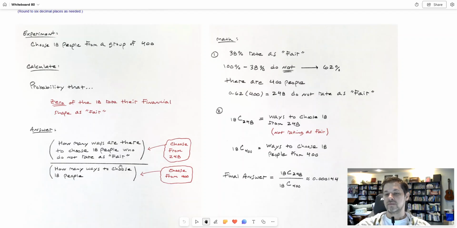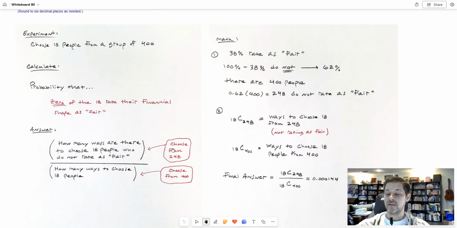Now, to be a little more specific, for choosing 18 people who do not rate as fair, we're choosing from 248. So maybe the whole group has 400 in it, but in order for me to pick 18 people who do not rate their financial shape as fair, I only have 248 to pick from.